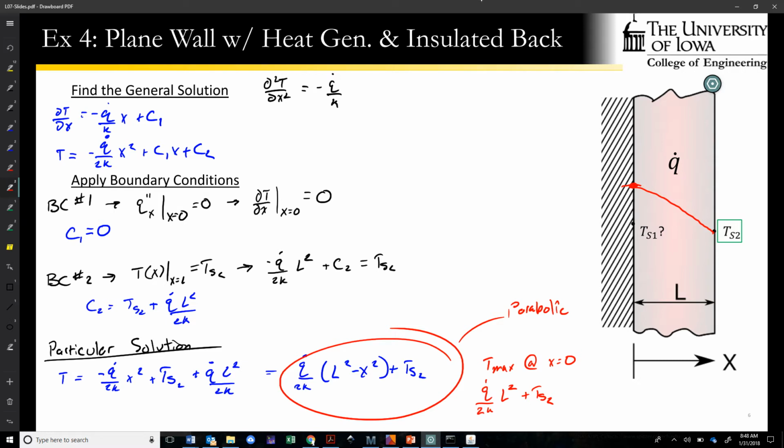All right. Quick little aside here. Let's imagine just for a second that we are removing that insulation from the left-hand side, okay? And instead, we're specifying a different temperature, maybe Ts1. Is the general form of our temperature distribution going to change?